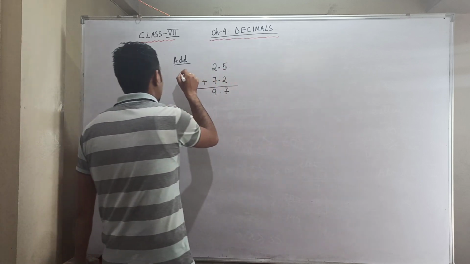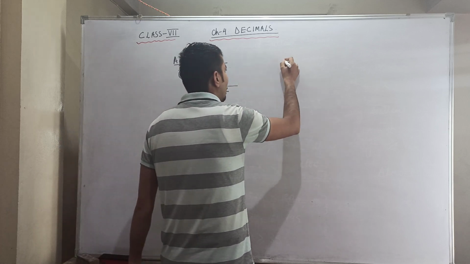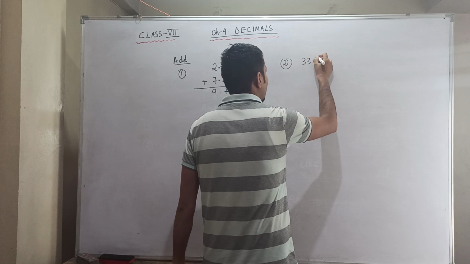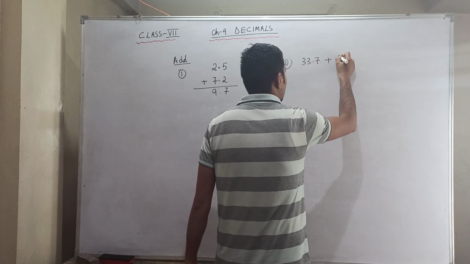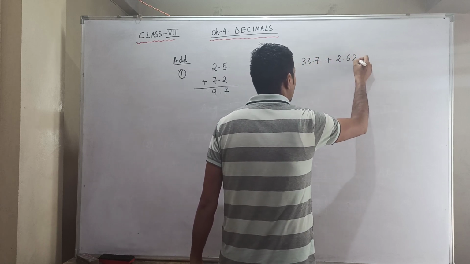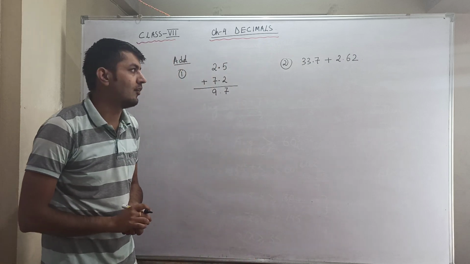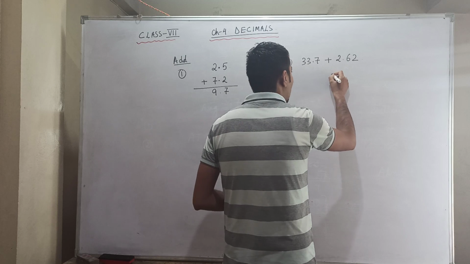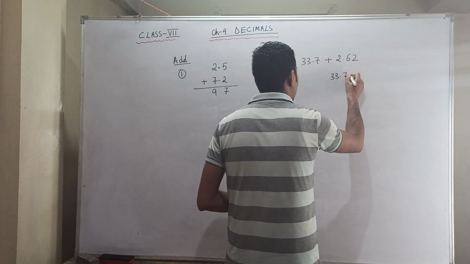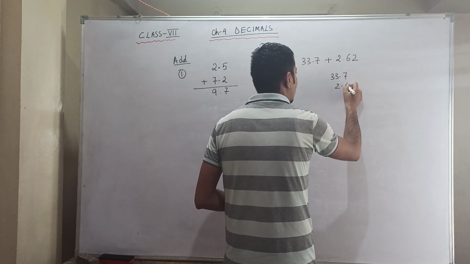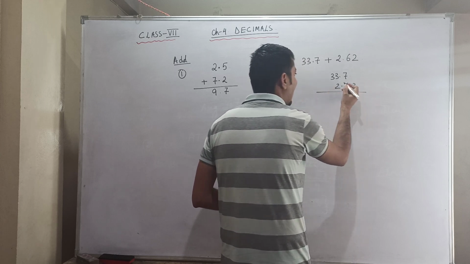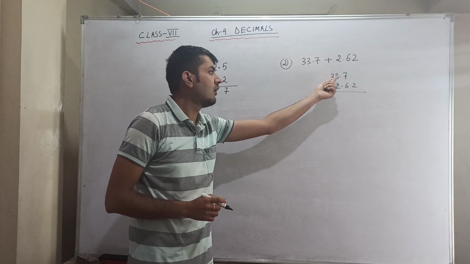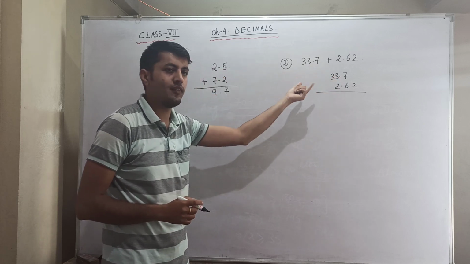Let us see the second example. Suppose they give 33.7 plus 2.62, and ask you to add this. You take point and point together in the same line.